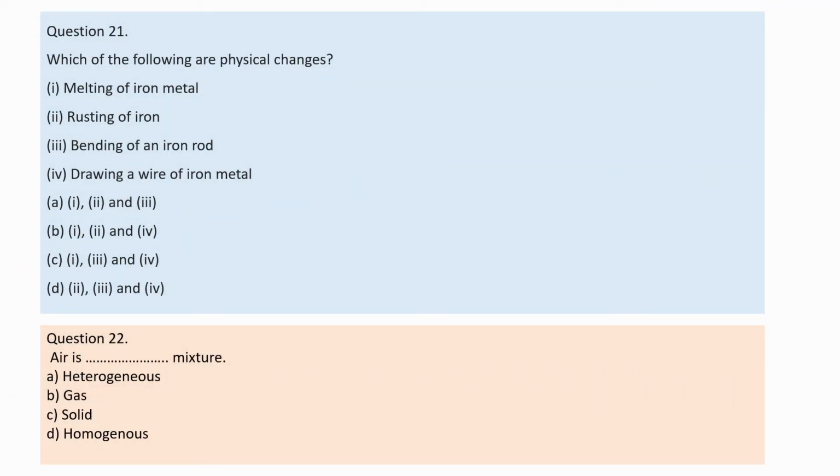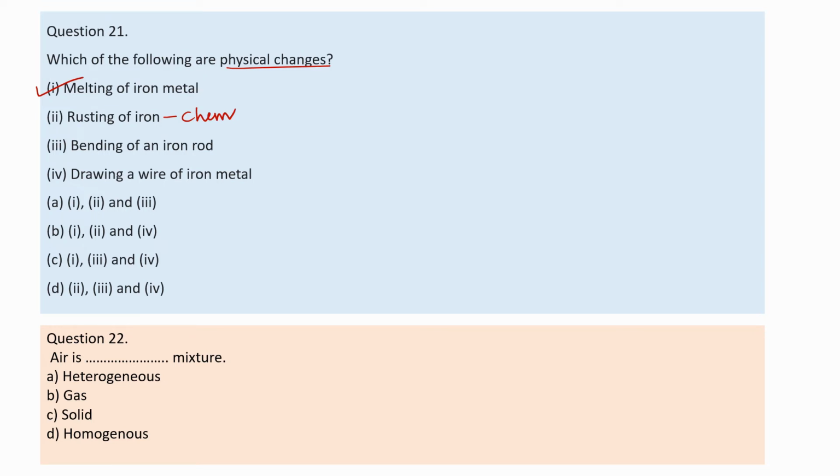Next question is, which of the following are physical changes? Physical change means we can reverse this change. This change is not permanent and this change is temporary. So melting of iron metal. Yes, this is a physical change because again it will become solidified. Rusting of iron, this is a chemical change and we cannot revert this change.